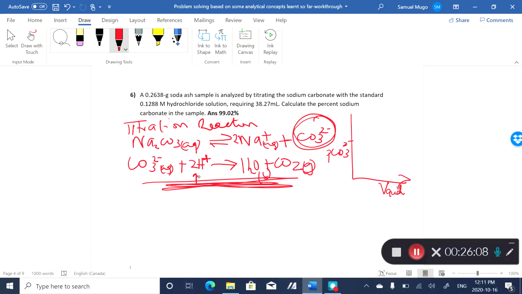So in our titration here, we added 38.27 mL of the HCl. So the equivalence volume, the VE of the HCl that we added, is 38.27 mL. And in that case, then we can calculate the moles of HCl that was used.